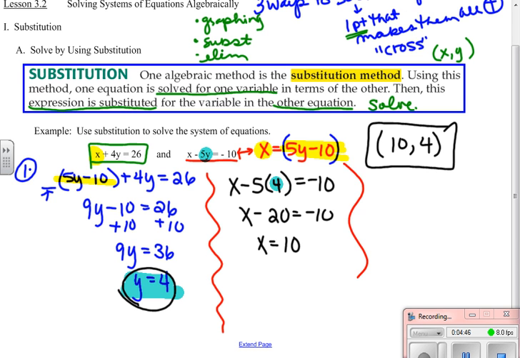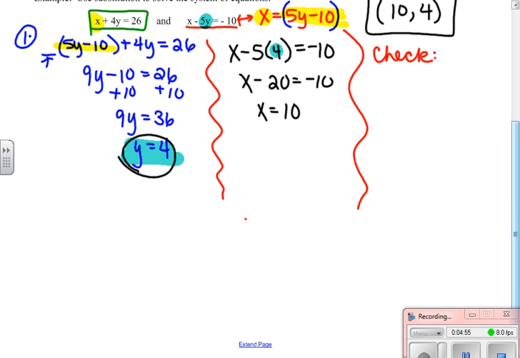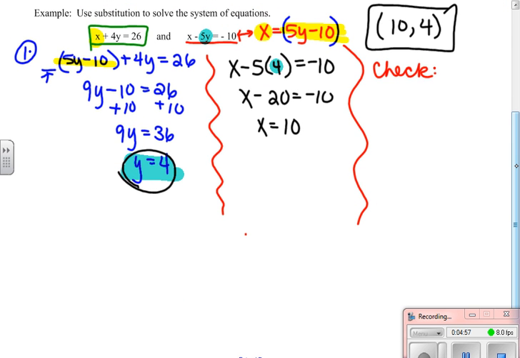But the cool thing is I can check my answer. Because remember, this (10, 4) is supposed to make both equations true. So I can say, does 10 plus 4 times 4 equal 26? I substituted 10 and 4 into the first equation.